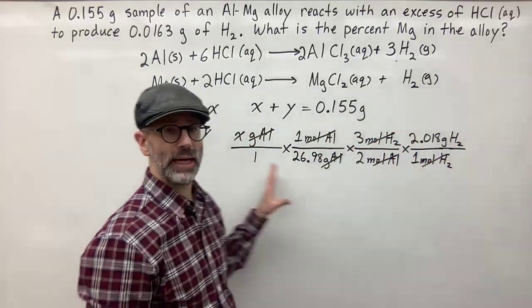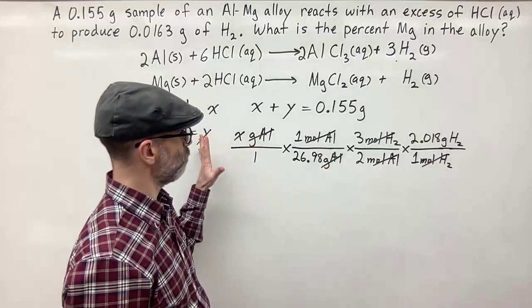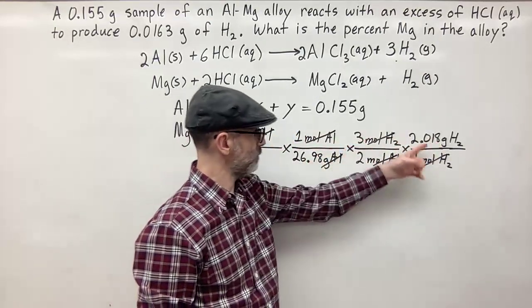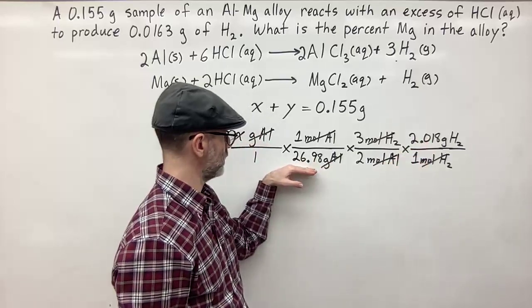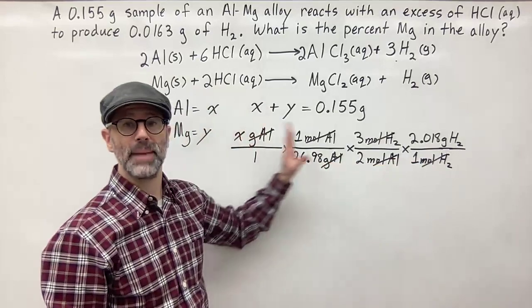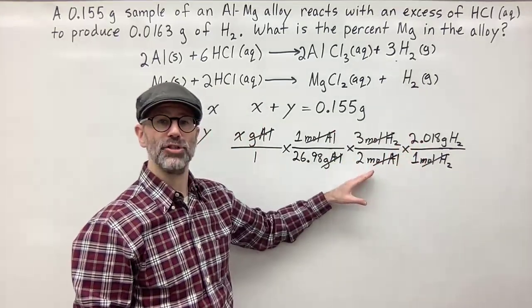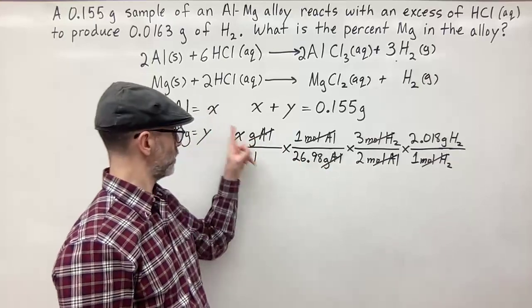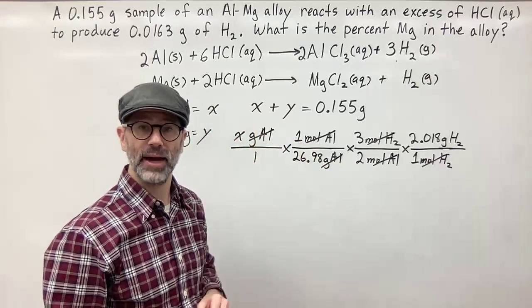Now all I need to do is multiply everything together. I'm going to multiply 3 times 2.018, divide by 26.98, divide by 2, and so on. And I'm going to get my amount of hydrogen produced from aluminum in terms of X, because notice I have X, I have to multiply that as well.